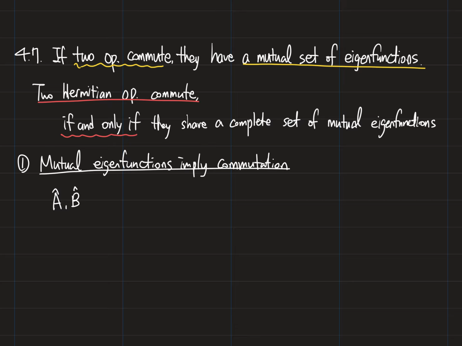Let's assume that we have a complete set of functions Pn, and they are the eigenfunctions of both A and B. This is our assumption here: mutual eigenfunctions. This is the complete set.